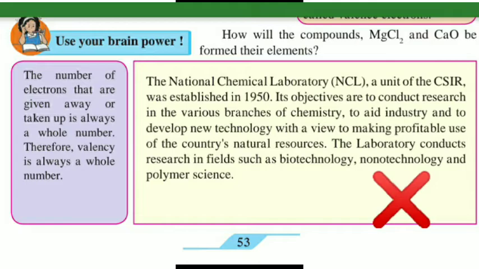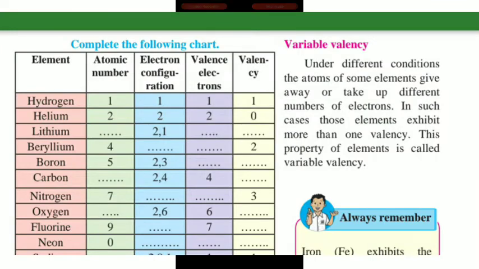So why is valency always a whole number? The number of electrons that are given away or taken up is always a whole number. Therefore, valency is always a whole number. Now, do you know about variable valency?